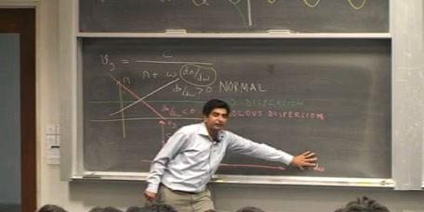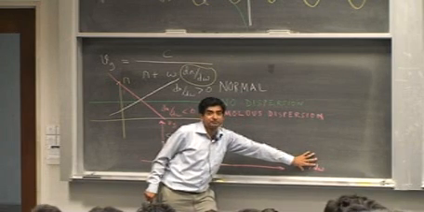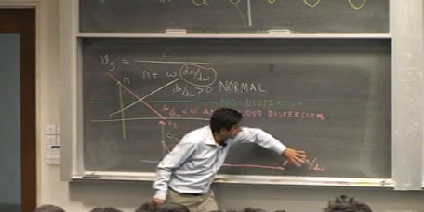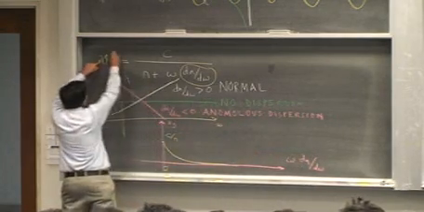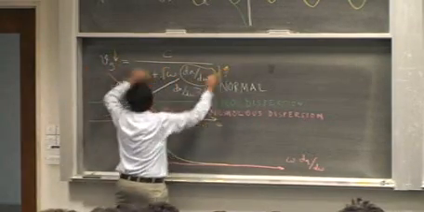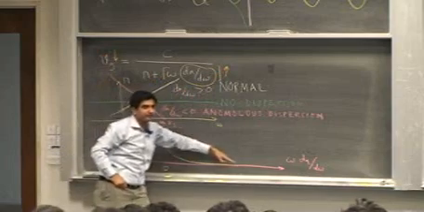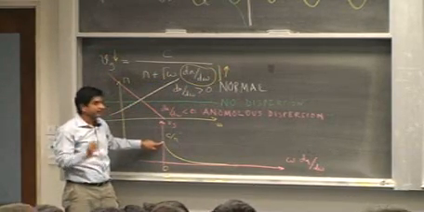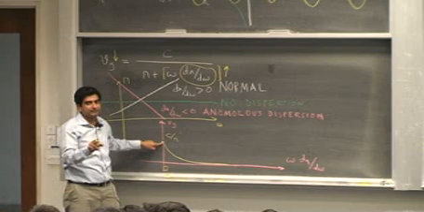We are assuming that dn over d omega is positive, so we are assuming normal dispersion. So if this number goes up, Vg goes down, like this. When omega dn over d omega is 0, the height is c over n.